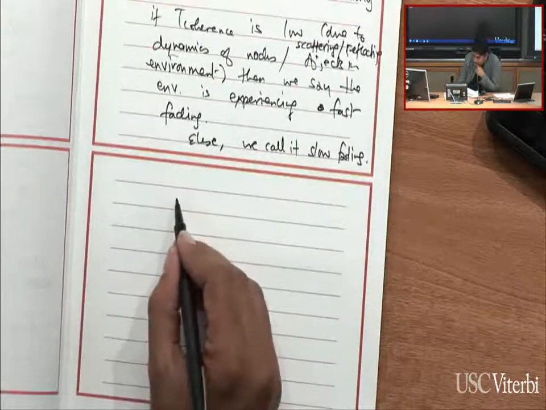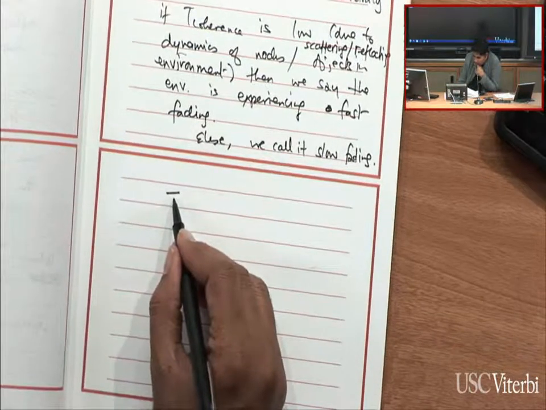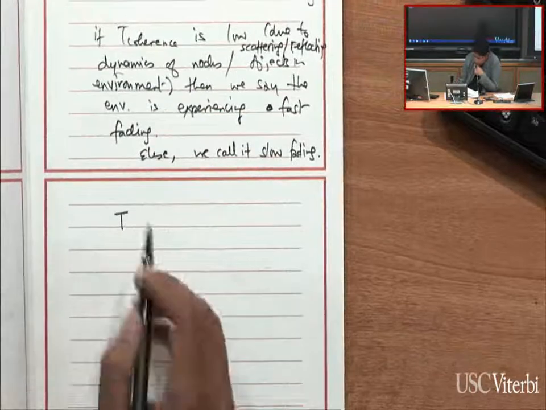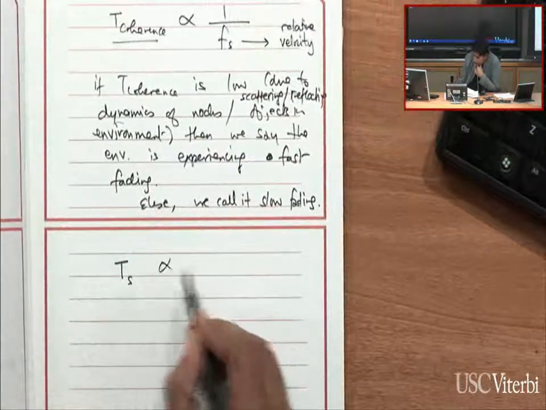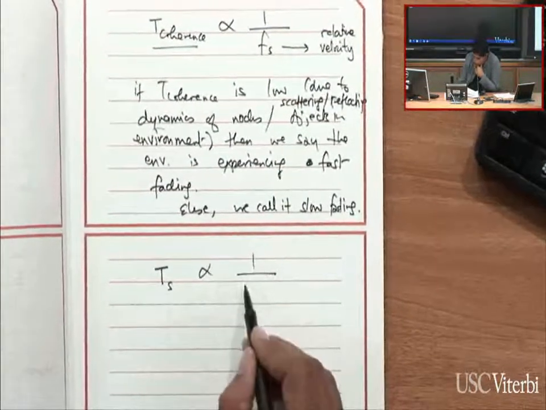On the other hand, if you look at the delay spread, I think I call it TS, this is proportional to 1 over the coherence bandwidth.